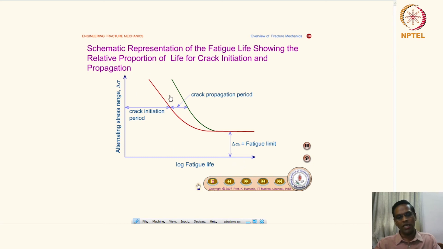You will understand this more in the later part of the course, but the point we want to emphasize here is that crack growth essentially involves a crack initiation period and a crack propagation period.